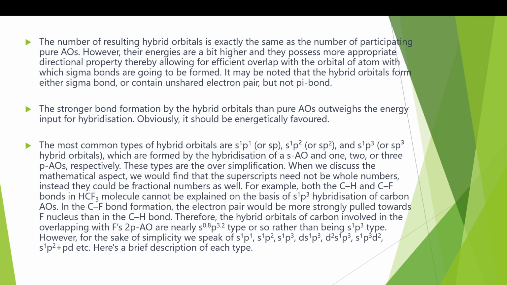In the carbon-fluorine bond formation, the electron pair would be more strongly pulled towards the fluorine nucleus than in the C-H bond. Therefore, the hybrid orbitals of carbon involved in the overlapping with the fluorine 2p atomic orbital are merely s0.8 p3.2, not s1p3. Again I repeat, not s1p3, but s0.8 p3.2, fractional numbers.